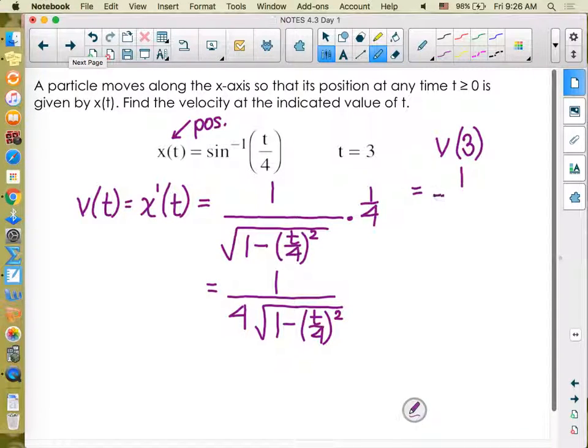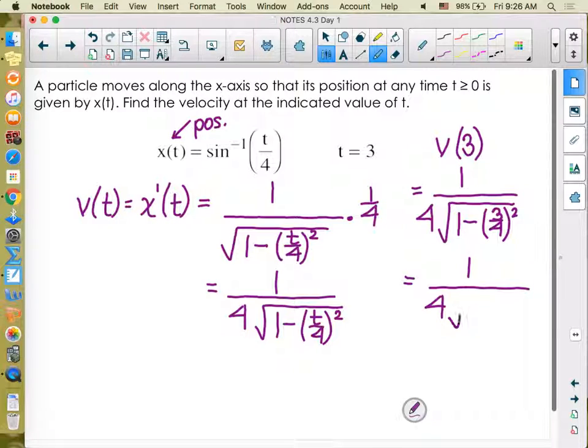is going to be 1 divided by 4 times the square root of 1 minus 3/4 quantity squared. Okay. And yes, without a calculator, you can do a little bit of work to get this to a reasonably simplified value. Okay.